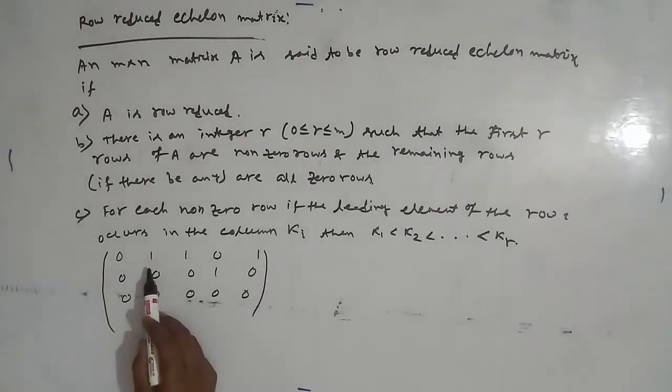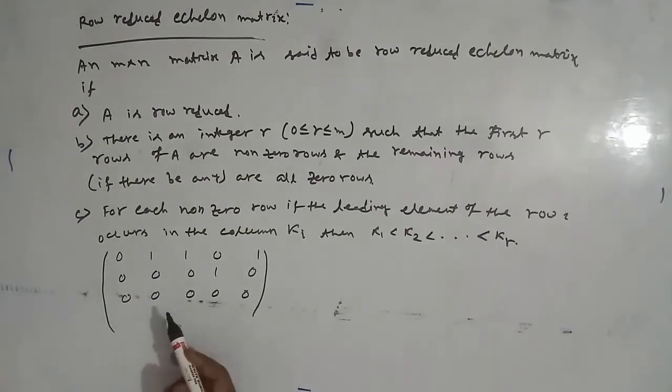Suppose this leading element is in the second position, so the next leading element of the next row will be after the second column, that is, it may be third or fourth or fifth and so on.